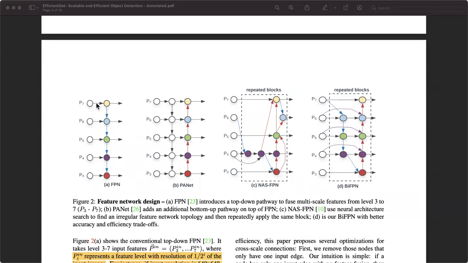Then we have a pathway. Whenever we have a path, it means that there are some weights that we want to learn here. From top down, we add this path so that it learns some way to fuse these features. And for PANet, they additionally add a bottom up pathway, so that now we have both top down and bottom up pathways to learn to fuse these features in a better way.